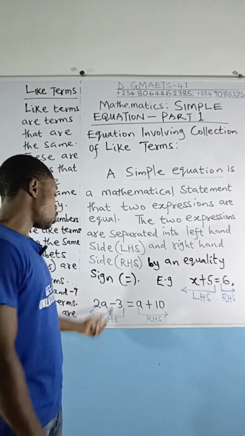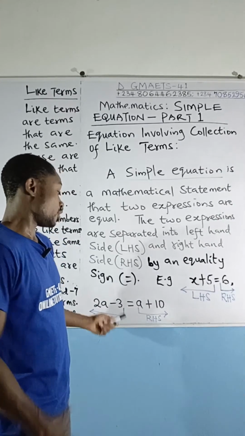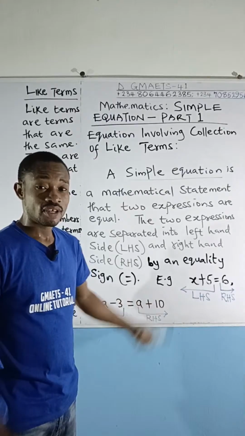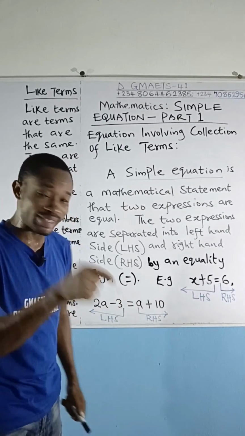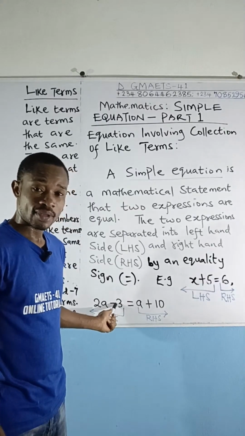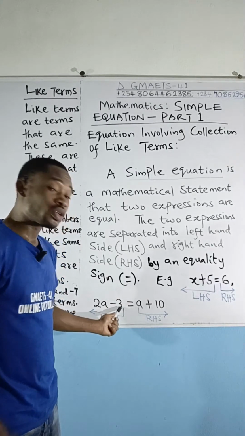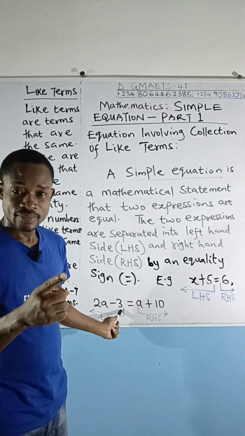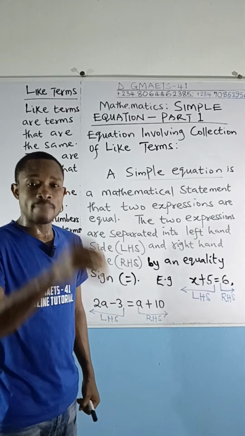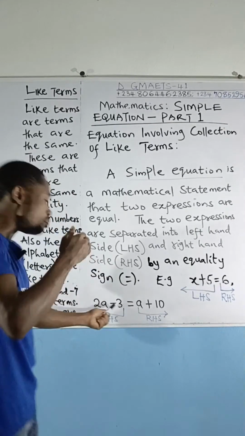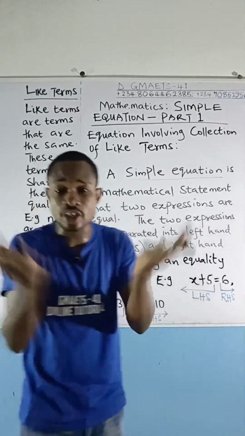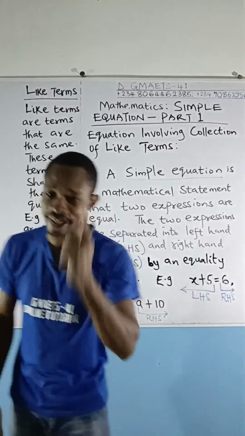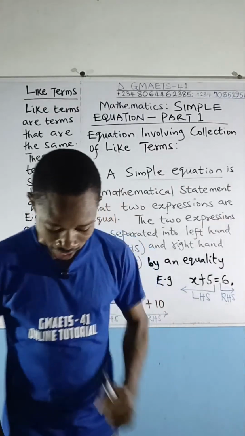Let us assume I want to move this minus 3 to the right-hand side. You don't throw the minus away. This minus belongs to this 3. The sign of a number always appears just before that number, and that sign goes with that number. Please take note of that.